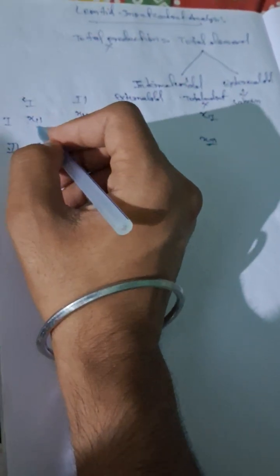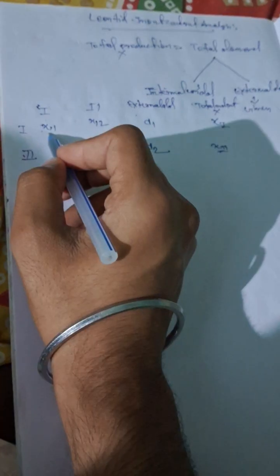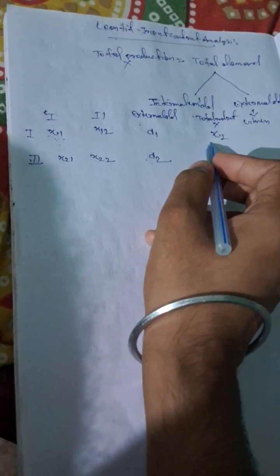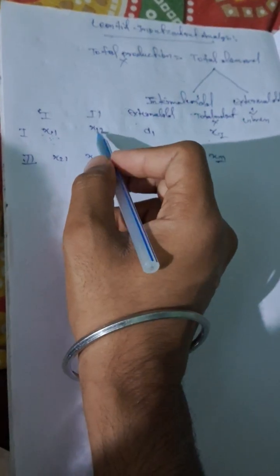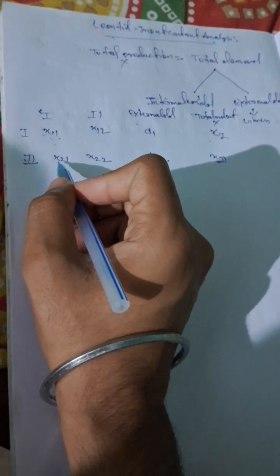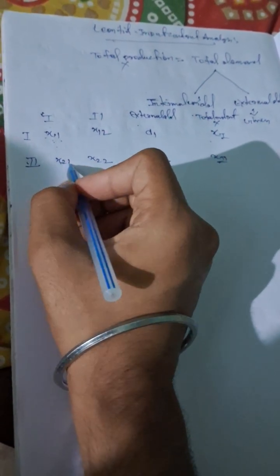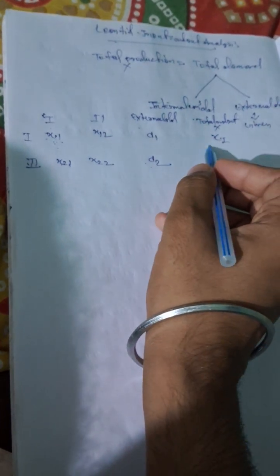This term represents the output of the first industry used by the first industry in order to produce the total output of the first industry X1. Output of the second industry used by the first industry in order to produce total output.